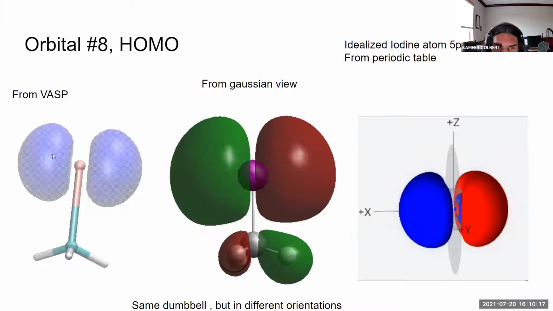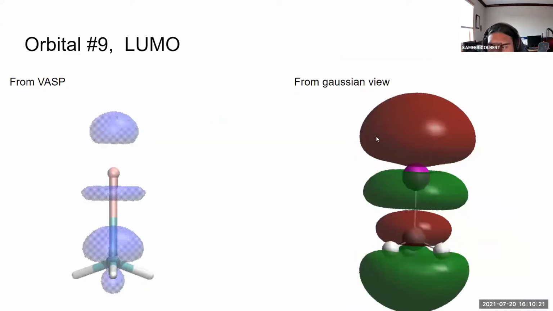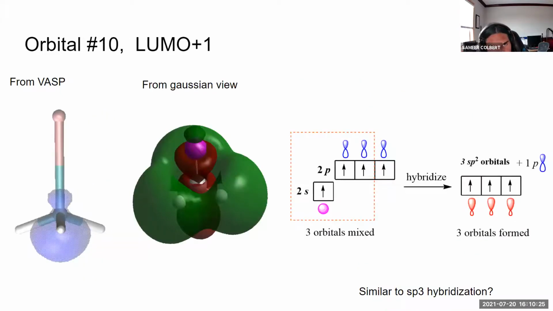And so, as you can see, that dumbbell shape is more or less the same. Here's LUMO. It's once again much similar, and then we have LUMO plus one.